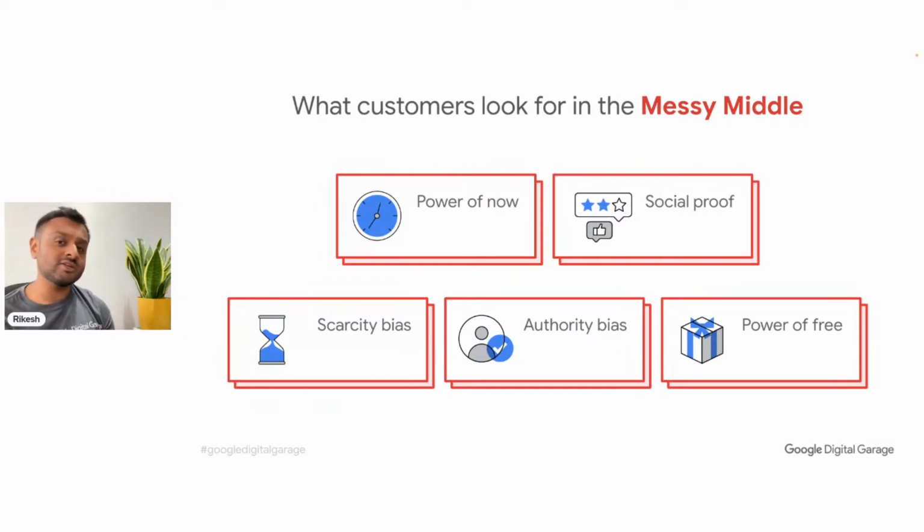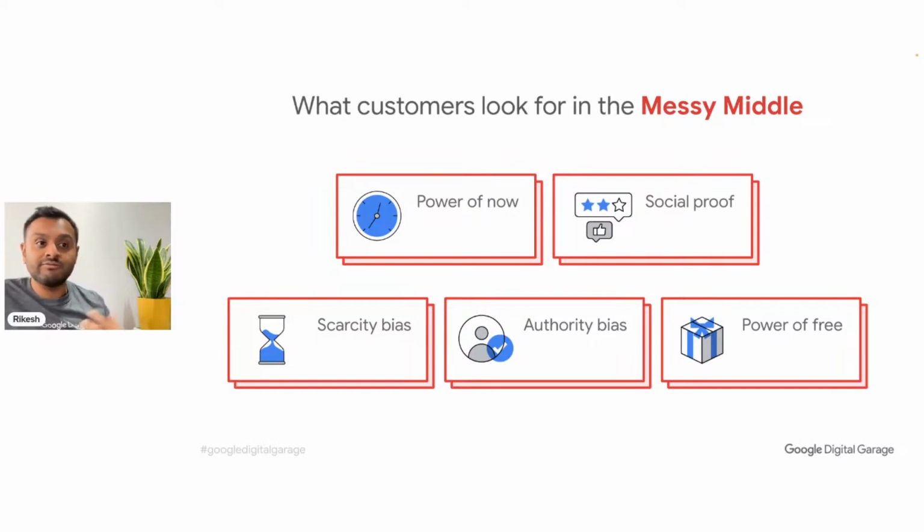Authority bias as well, that can be an influencing factor. So there can be experts or expert organizations that might review a product that you might have brought out, and that might be something which can influence someone from being in the messy middle to go ahead and purchase as well. And this can also feed into the likes of influencers, where they might have a partnership with an organization.